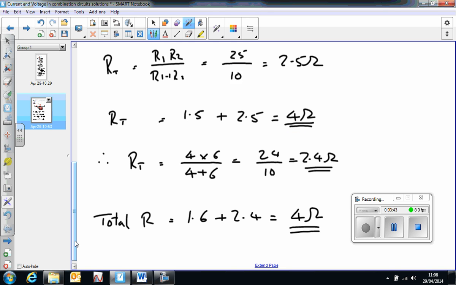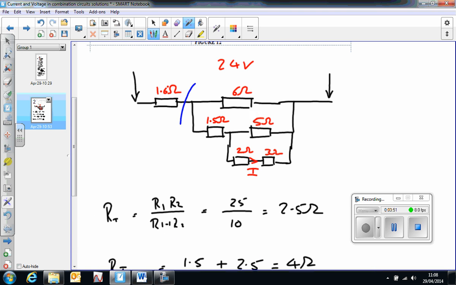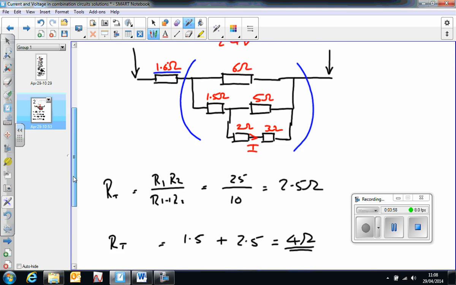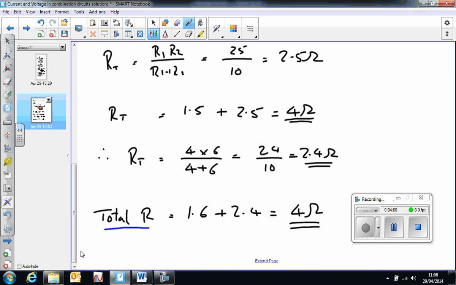Product 4 times 6 is 24 over sum 4 plus 6 is 10, gives me 2.4 ohms. So this whole part of the circuit gives me a resistance of 2.4 ohms. Put that in series with 1.6 ohms, gives me a combined total resistance of 4 ohms.